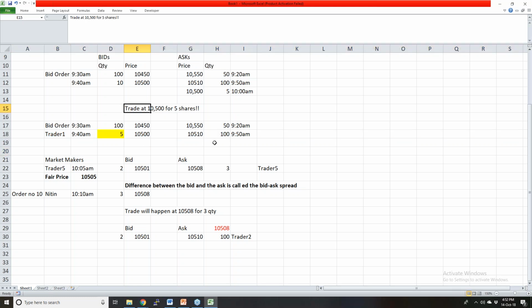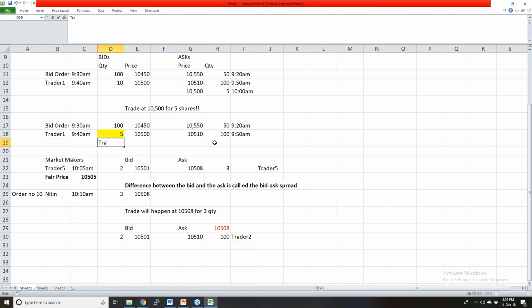Quantity and price relation. So this trader one wanted to buy 10 quantities at 10,500, right? And there was a person who wanted to sell 5 shares at 10,501.